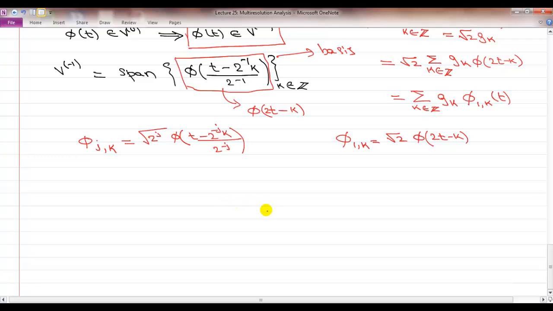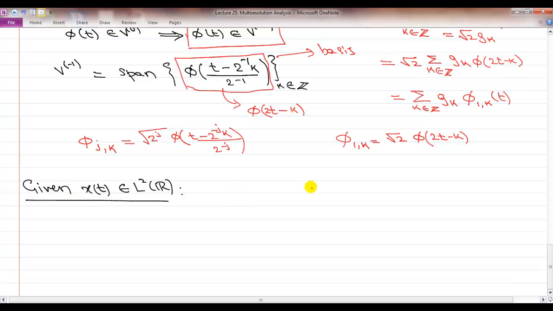The idea in multi-resolution analysis is that you are given some x of t belonging to L2R, and you want to compute different approximations of this function at different levels, at different scales, or effectively different resolutions. And how do we compute the approximations? We just use the projection formula.